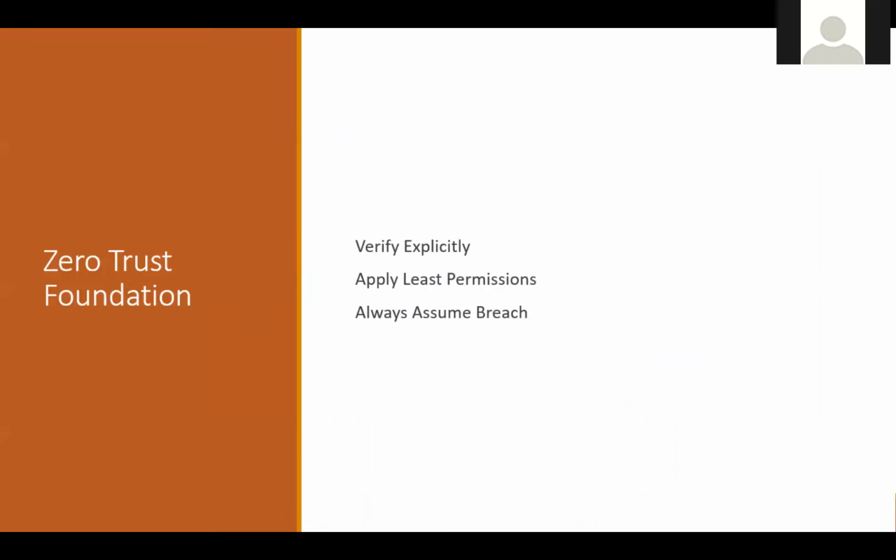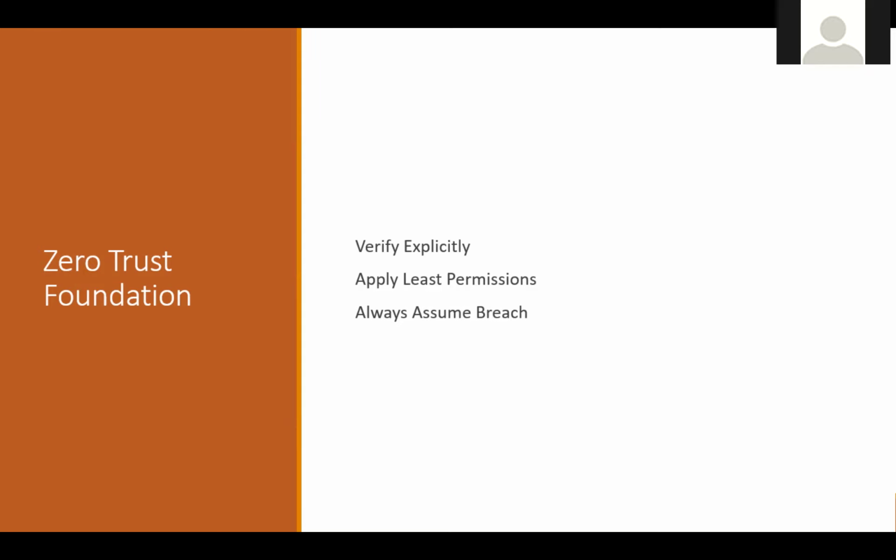The premise of zero trust is to verify explicitly, apply least permissions, and always assume breach. Instead of assuming everything behind the corporate firewall is safe, the zero trust model assumes breach and verifies each request as though it originates from an open network, regardless of where the request originates or what resource it accesses.